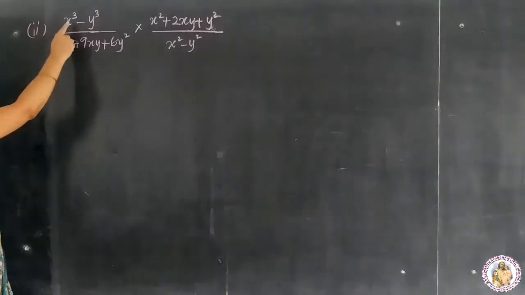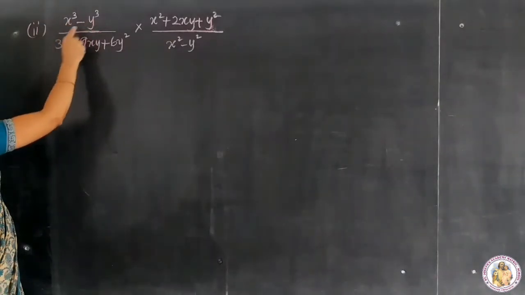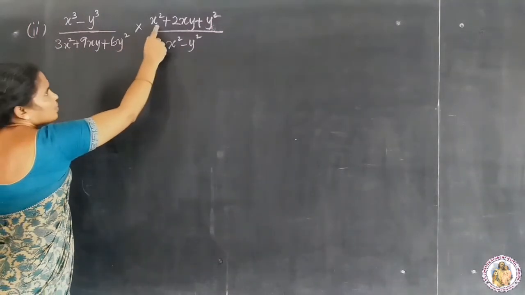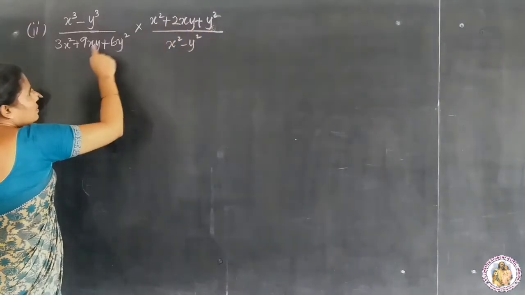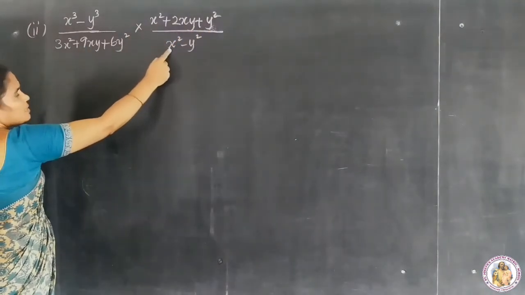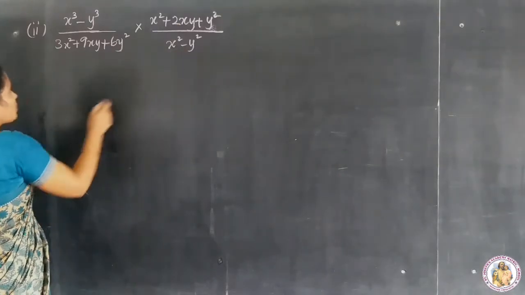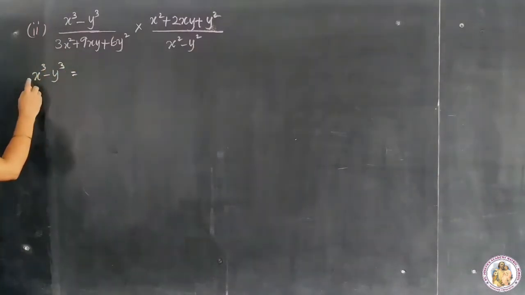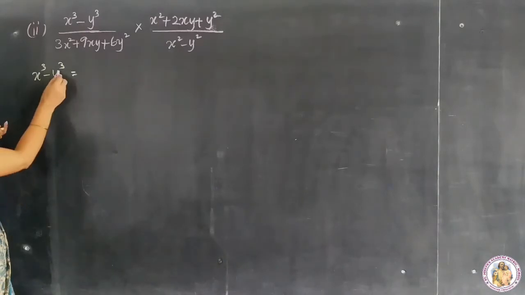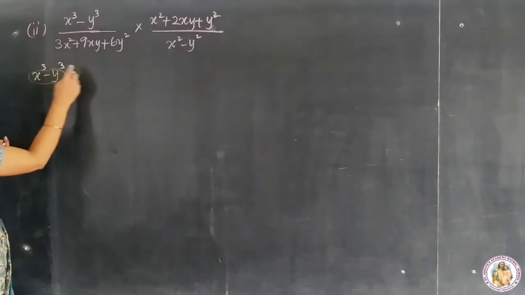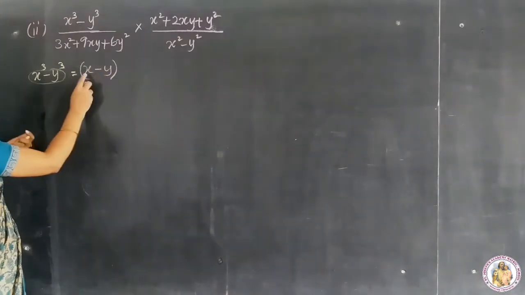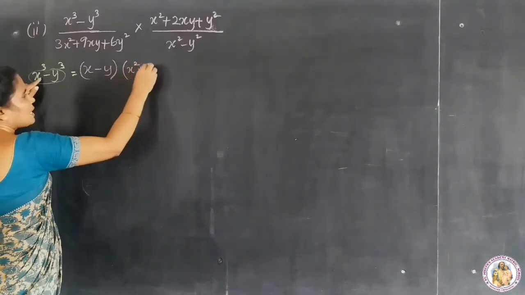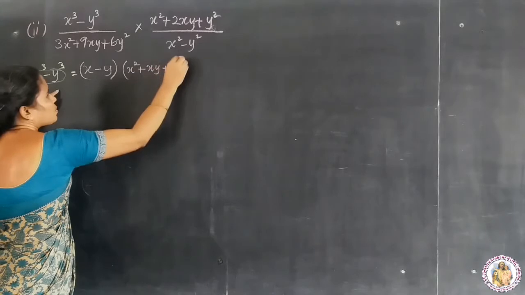Question number 2. Here first x cube minus y cube divided by 3, taking y first as one factor x minus y and again, so remaining will be x square plus xy plus y square.